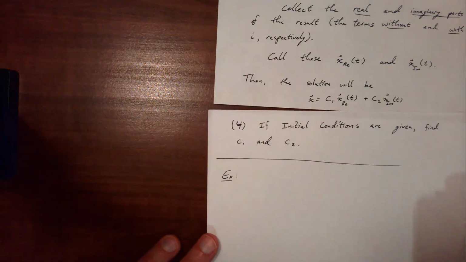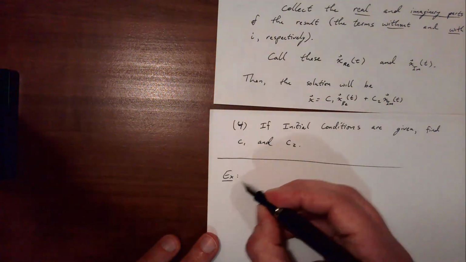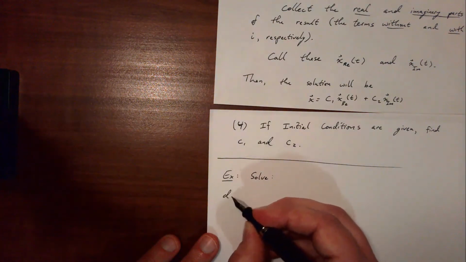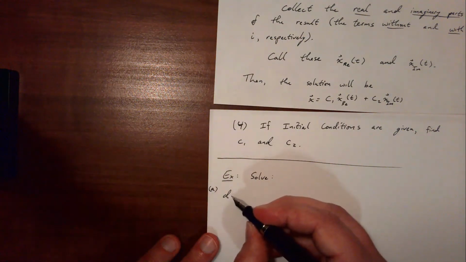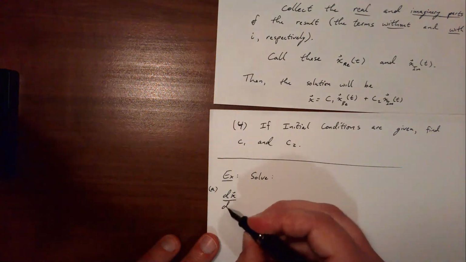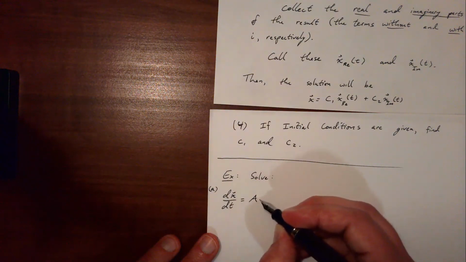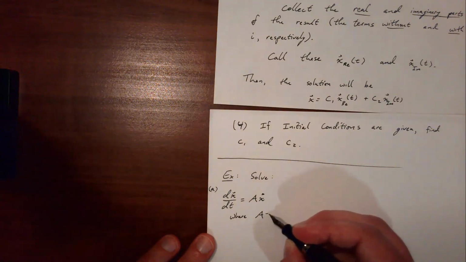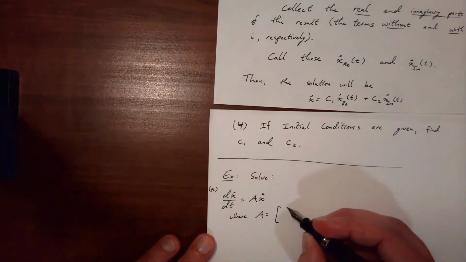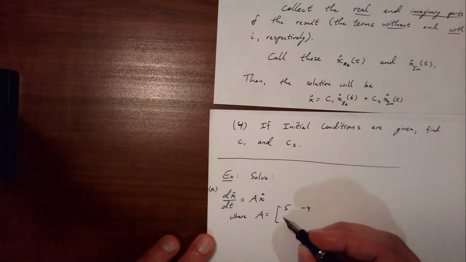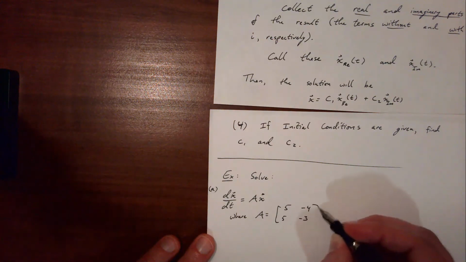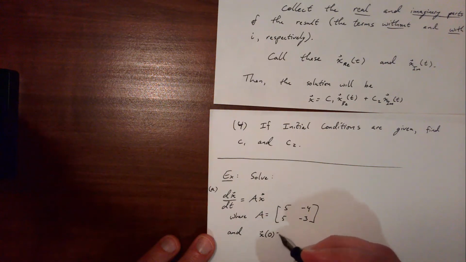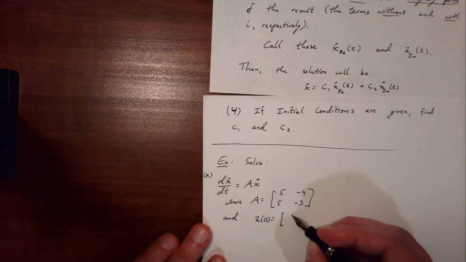So as an example, let's just say solve. For the first one, we're going to be dealing with a differential equation dx/dt equals Ax, where A equals [5, -4; 5, -3], and x of 0, in other words the initial conditions, equals (2, 1).